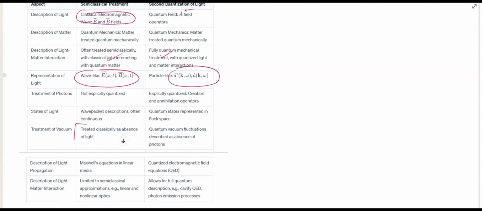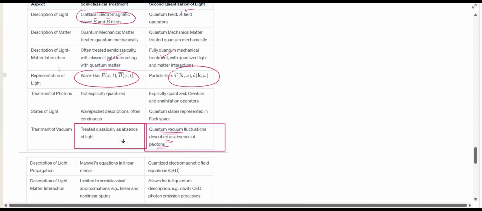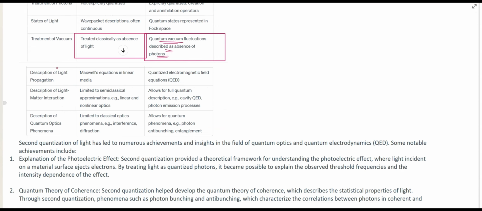Another important note is that in the absence of light, the vacuum is considered to be nothingness and there is nothing of value over there. But in the second quantization of light, even if there is vacuum or there are no particles, there is something called quantum vacuum fluctuations, which in fact has experimental observations.